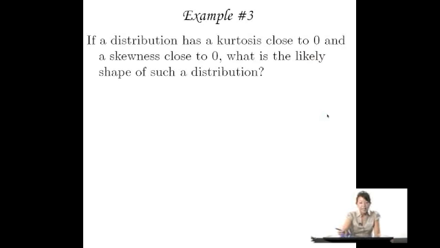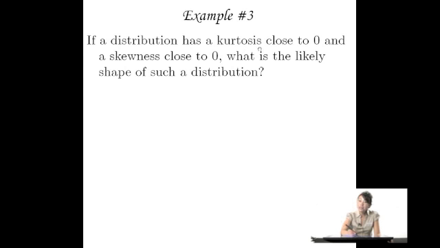Example 3. If a distribution has a kurtosis close to 0 and a skewness close to 0, what is the likely shape of such a distribution? Well, we know that a skewness close to 0 means that it is basically symmetric. But it could be symmetric in lots of ways, right? It doesn't have to be normally distributed.